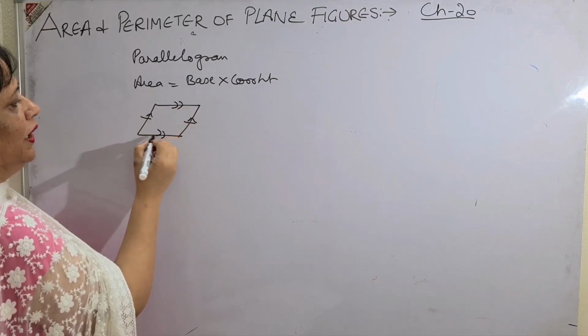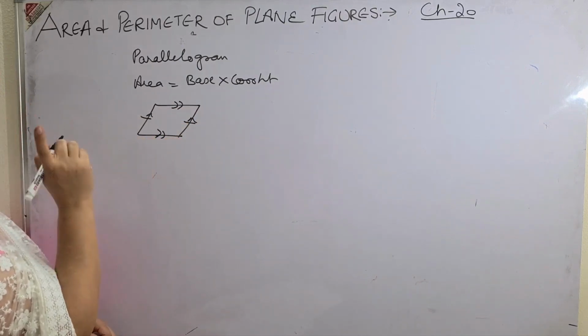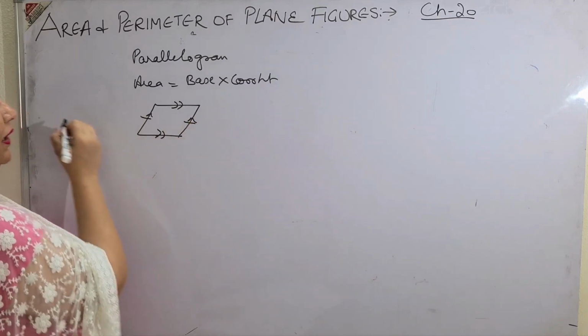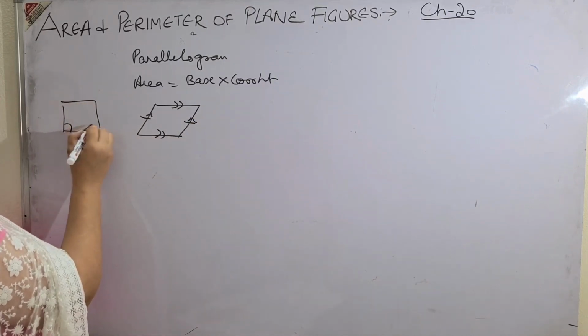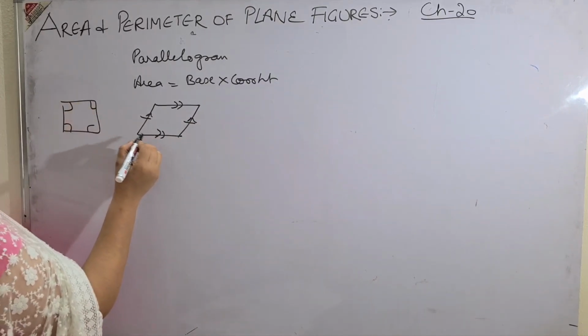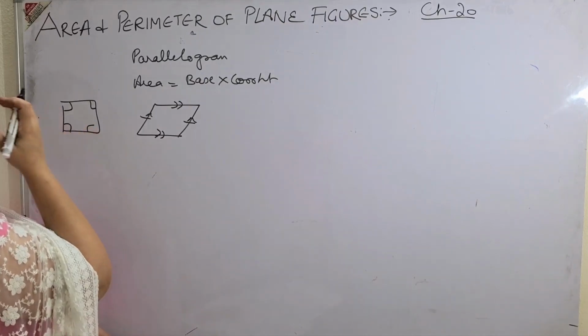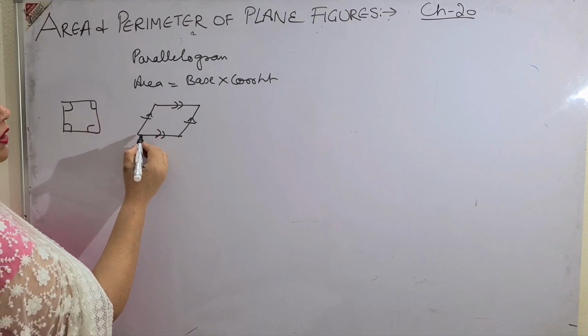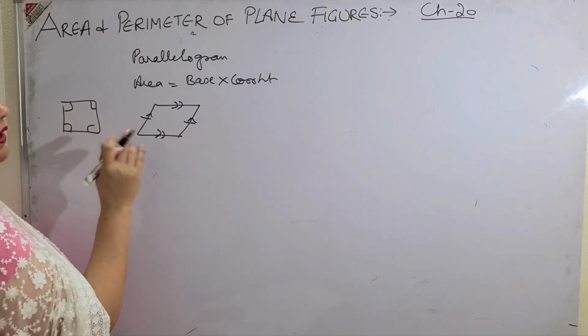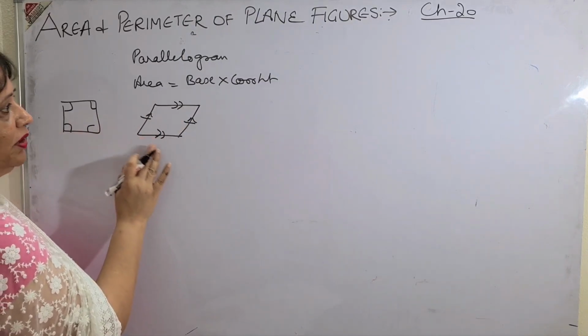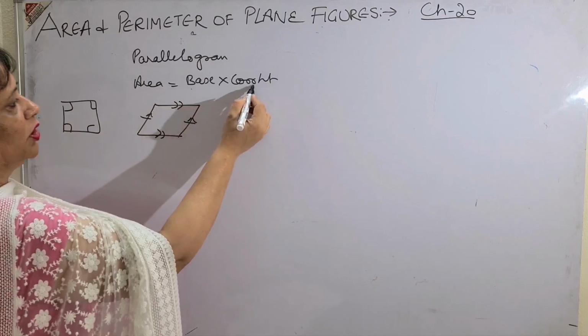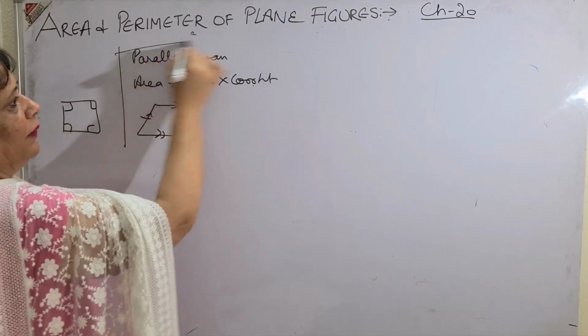The only difference between the parallelogram and rectangle is that in a rectangle the vertex angles are 90 degrees, but in a parallelogram the angles are not 90 degrees. And above all, in a parallelogram the diagonals are not equal. So base into corresponding height is the area of the parallelogram.